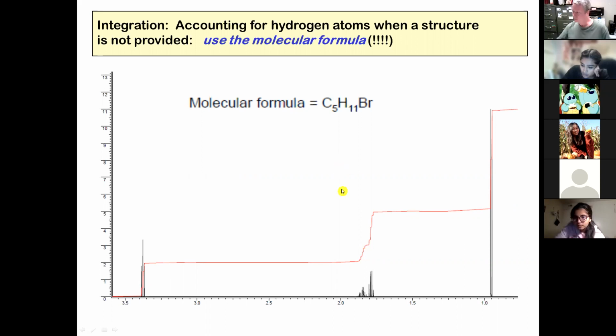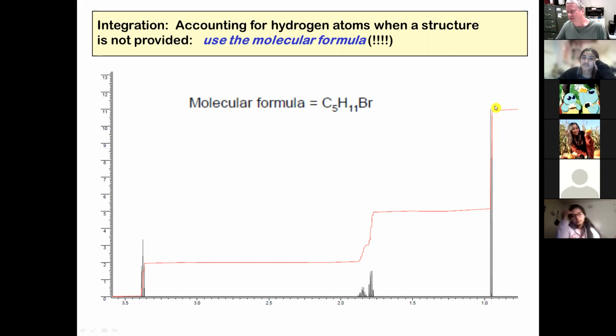That's exactly it. So if I'm given a molecular formula like 11, and we know only one thing comes around 1, definitely one thing comes around 1, it's CH3s, right? This can't be 1 CH3, because if this was 1 CH3, how could you account for 11 protons with the remaining integration? Can't work, right? It's either going to be 2 CH3s or maybe 3 CH3s.